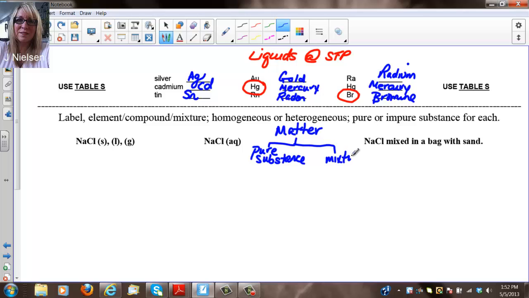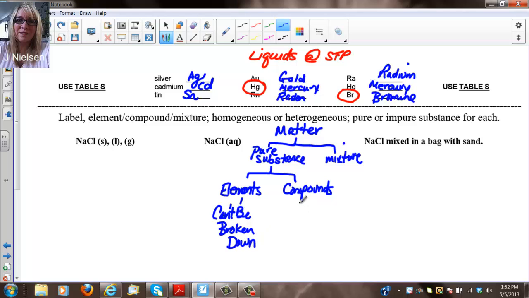And under pure substance, we only have two types. We have elements, and then we have compounds. And what do we know about elements? They can't be broken down. They are in their simplest state.